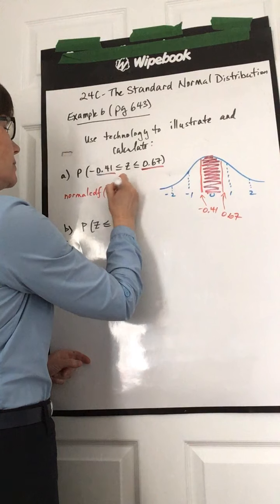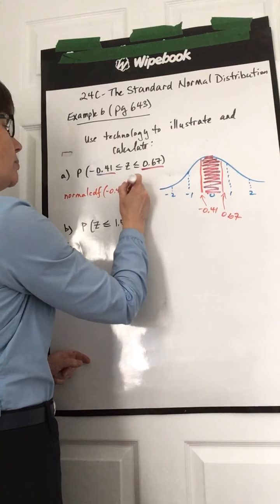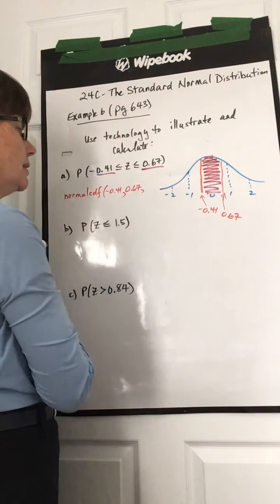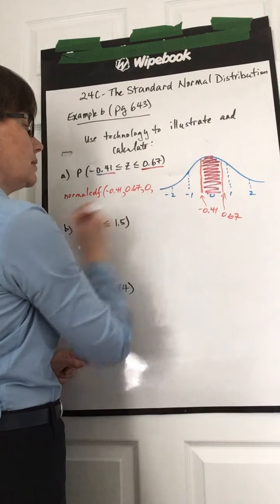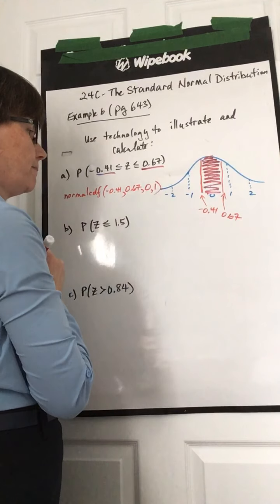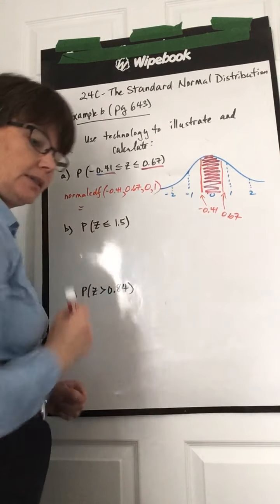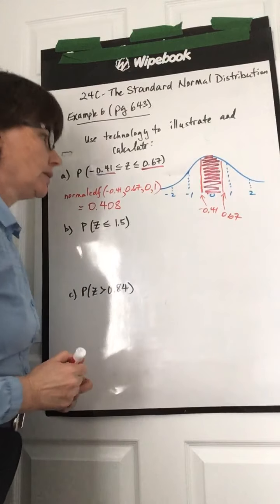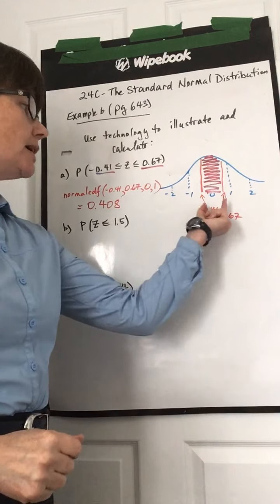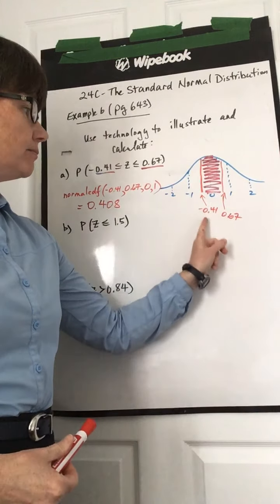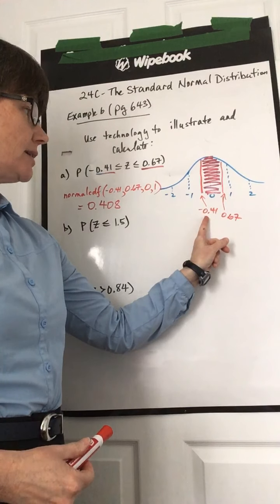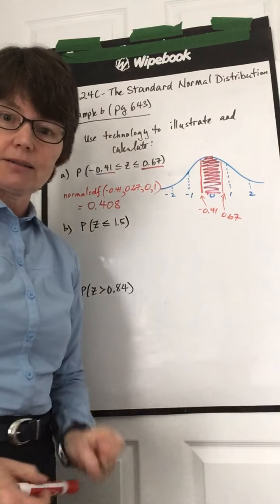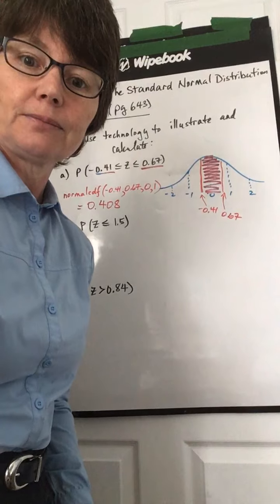Lower bound, negative 0.41, comma, upper bound, 0.67, comma, mean 0, comma, standard deviation 1, and that equals 0.408. So 40% of the data is in between that standard deviation away from the mean and the standard deviation away from the mean.